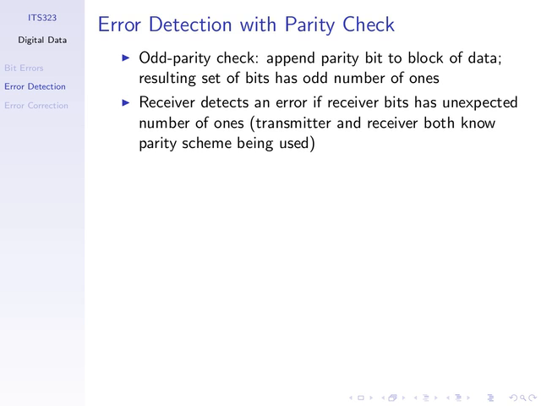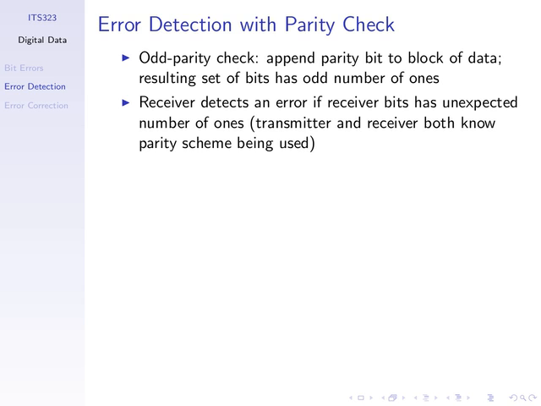The receiver doesn't know that yet, but we transmit these over the link. There's some noise. As a result, what's received is these 6 bits. There's some error in the link such that the second bit is received as a 0 instead of an actual 1.